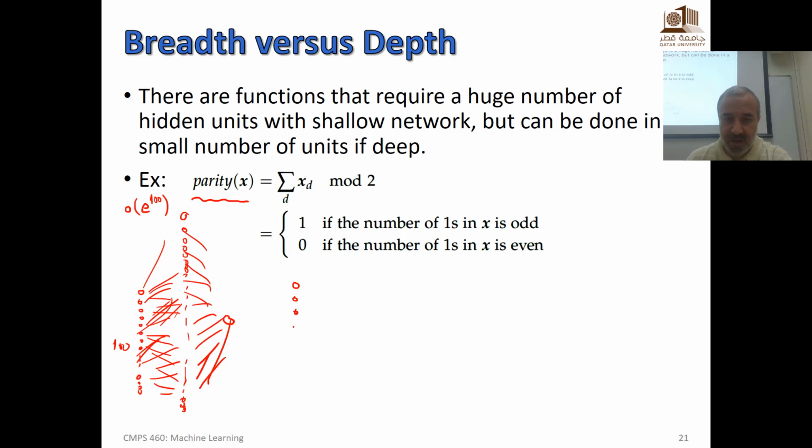So we start again with the 100, right? So that's the 100 units. Then the second layer will have fewer units. Then the third will have fewer units, then fewer, then fewer, then 1 unit. You know the tree?